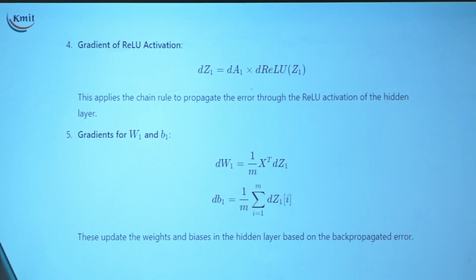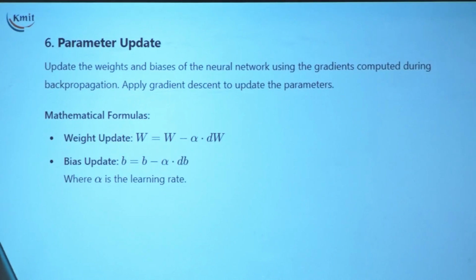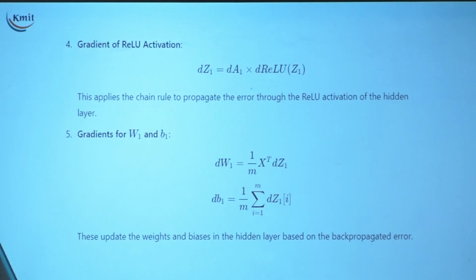So this is how I calculate my gradients for dZ2, dW2, dB2, dZ1, dW1. Are you all clear with this? So these are the 5 steps for deriving the function for backward propagation. Okay. So I think we'll be doing this today.